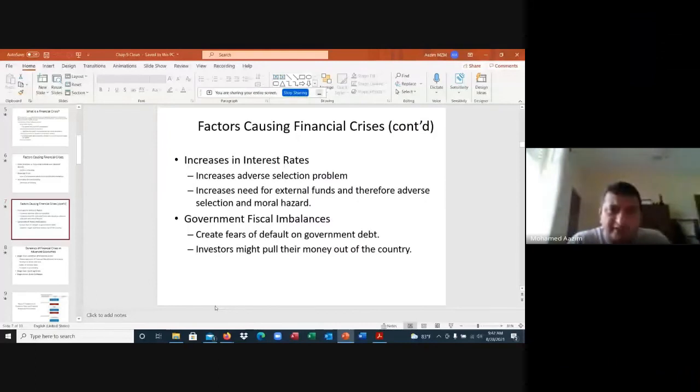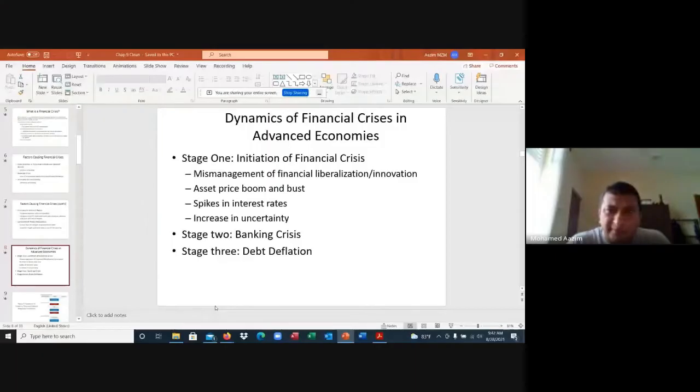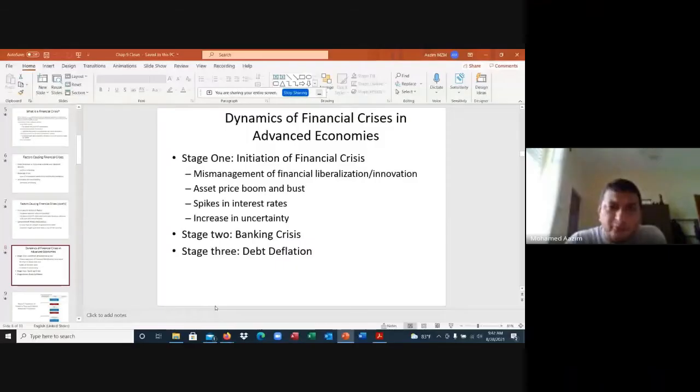So the financial crisis magnified to the extent the world financial markets were actually at a standstill. And we will now get into the dynamics, particularly in terms of advanced economies. Then we can discuss some of the developing economies' perspectives. The dynamics of this financial crisis have different stages.